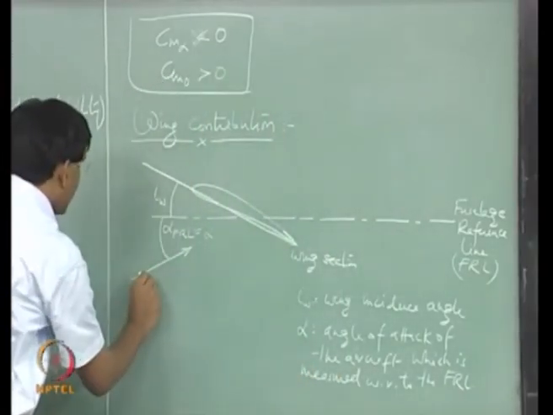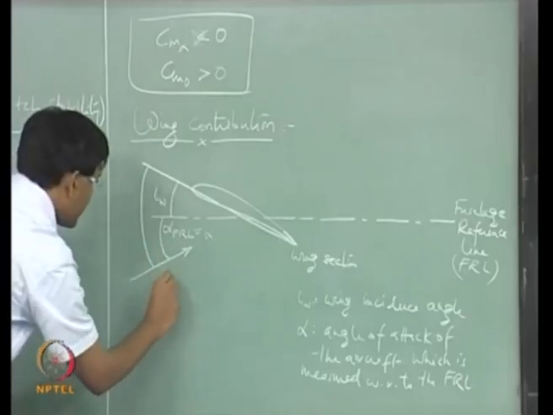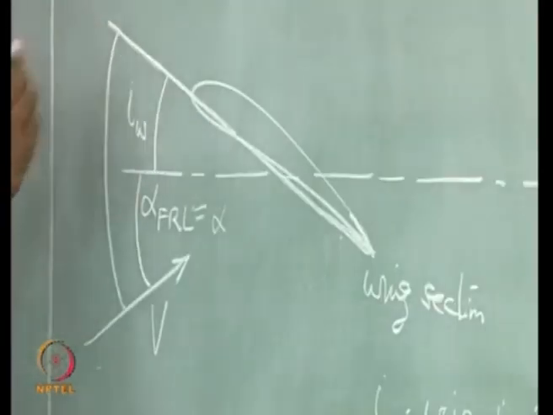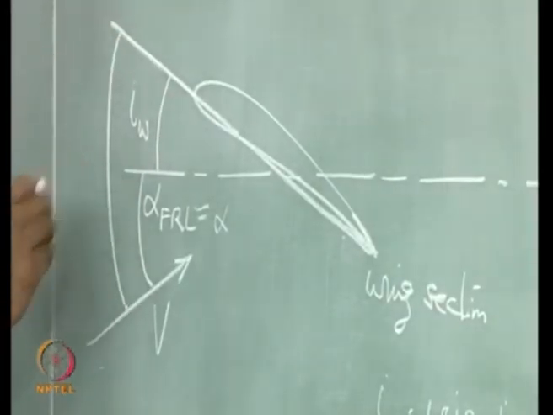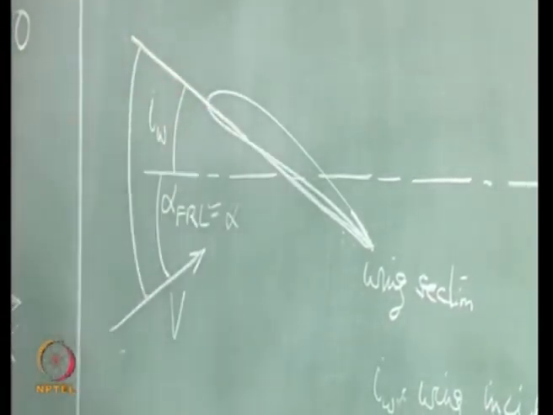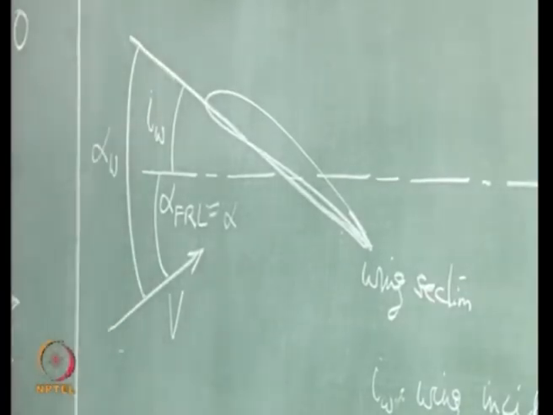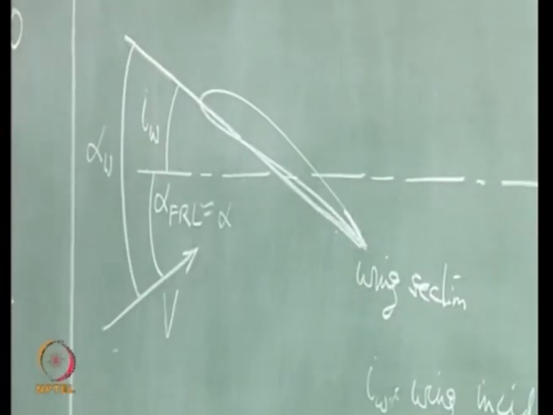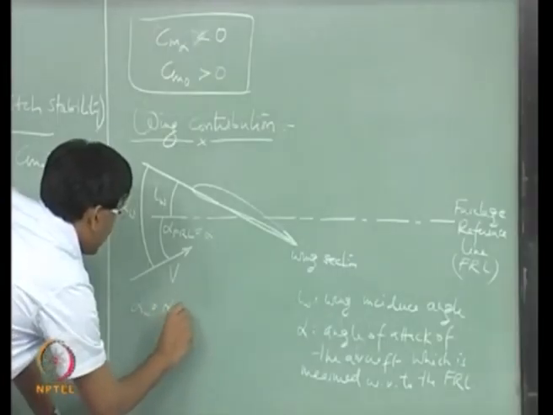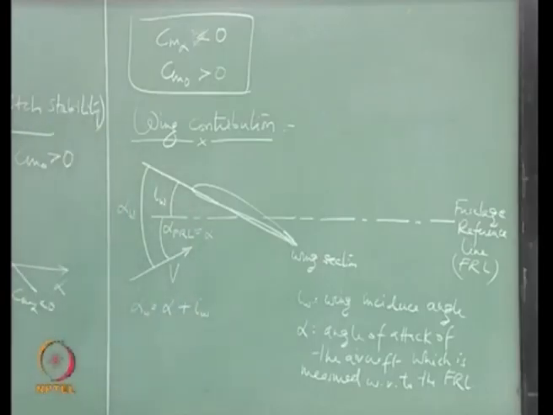V is the relative wind speed coming onto the aircraft, and the angle of attack that this wing section is seeing is alpha W, which is equal to alpha plus IW.